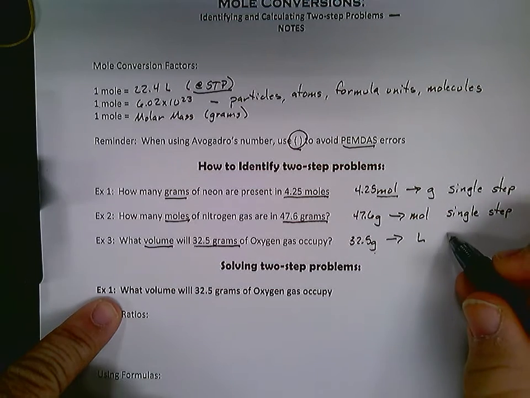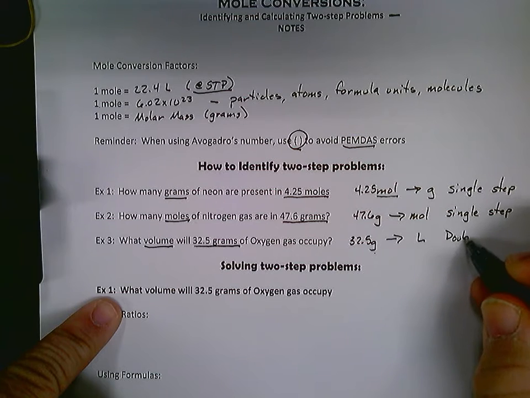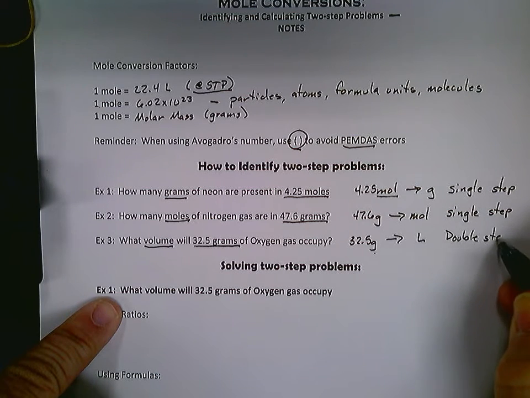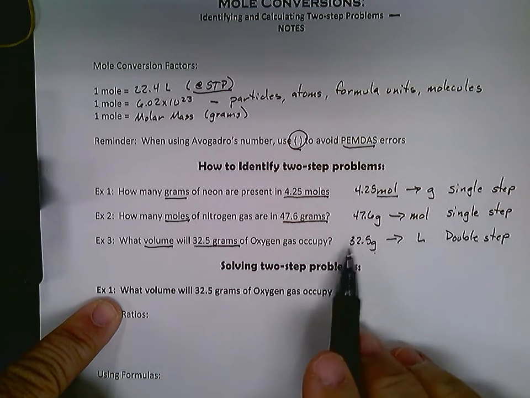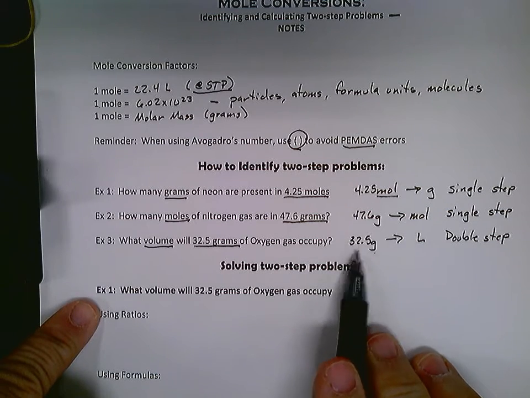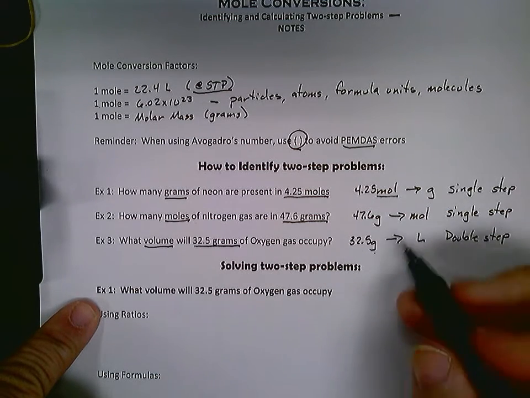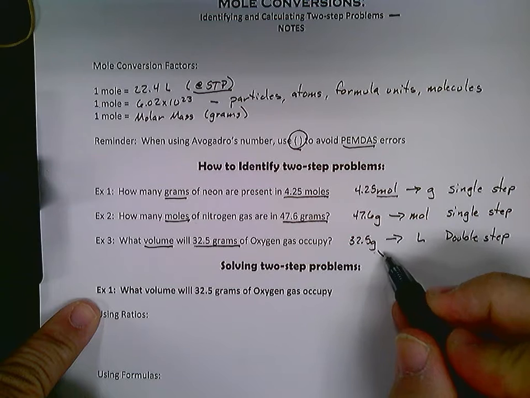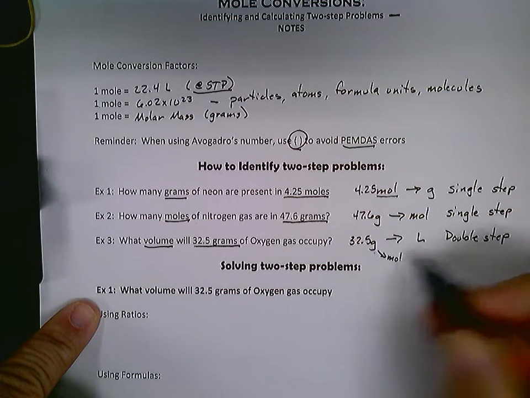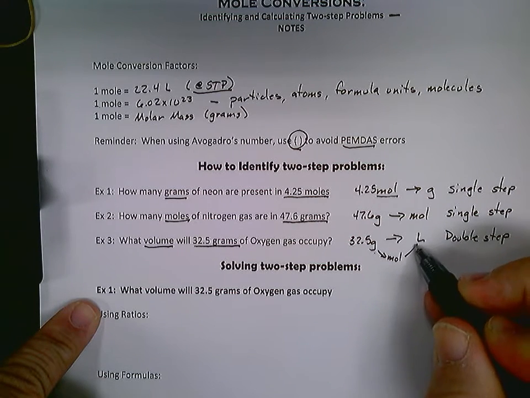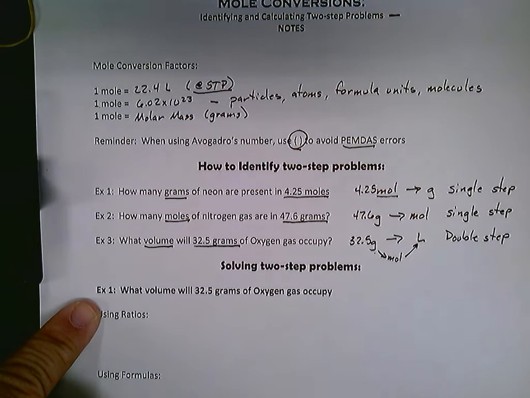This is a double step problem. That means we're going to have to use one ratio to convert to the mole. So in this case, we're going to go from grams to mole. Then we're going to go from mole to liters. So it's going to take 2 steps to get to where we want to go. All right, that is the easiest, quickest way to identify.